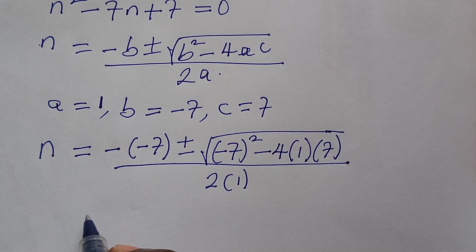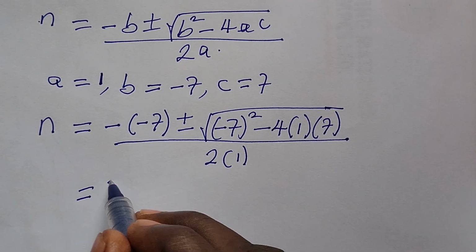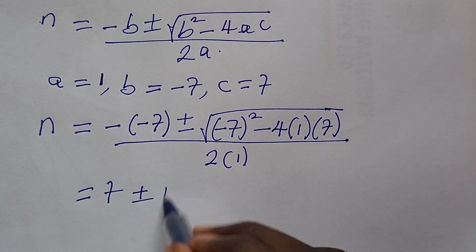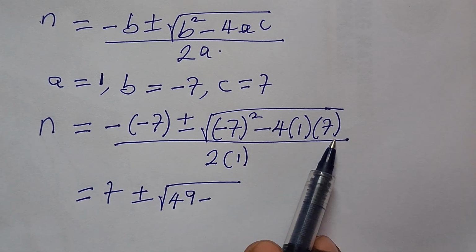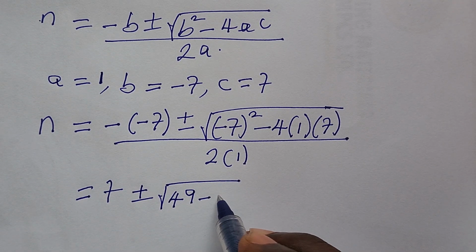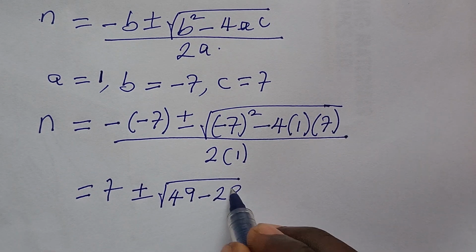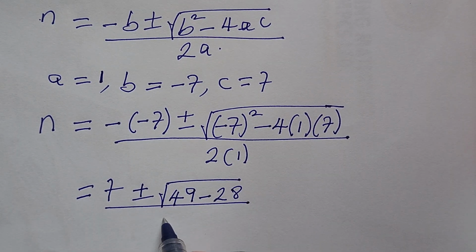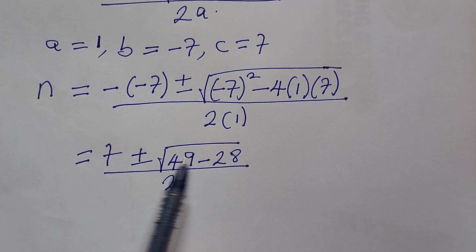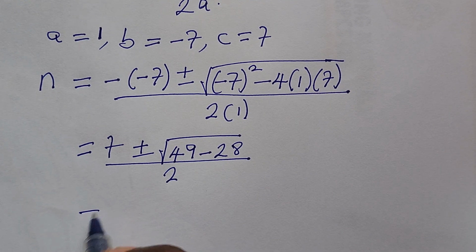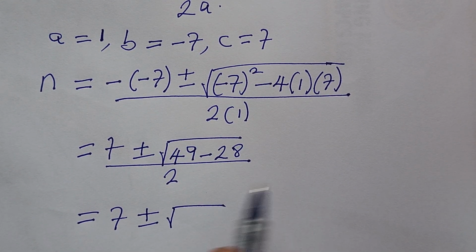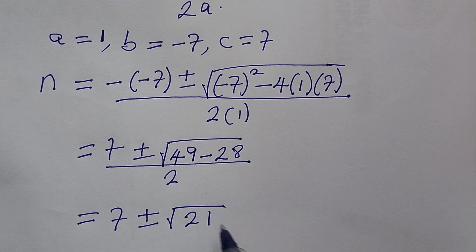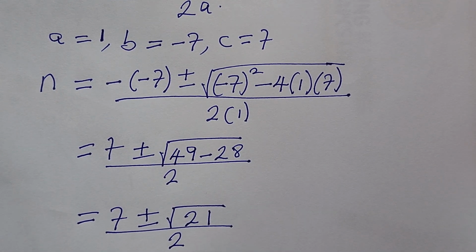We can simplify everything here to give us 7 plus or minus the square root of 49 minus 4 times 7, which gives us 28, all over 2. We can carry out this simplification easily. So this will give us 7 plus or minus the square root of 21, all over 2.